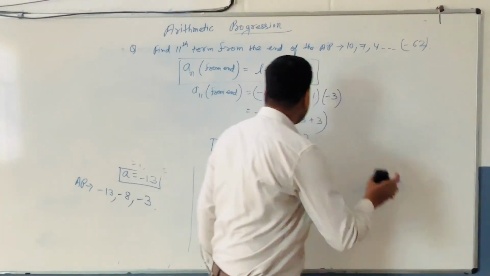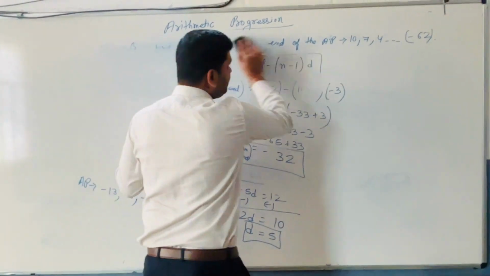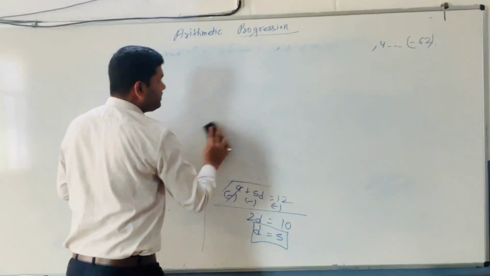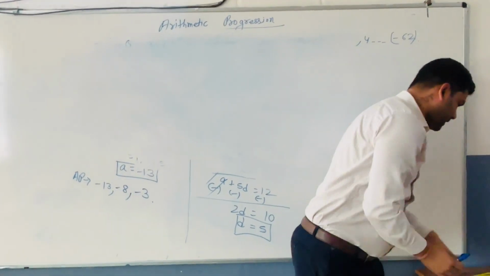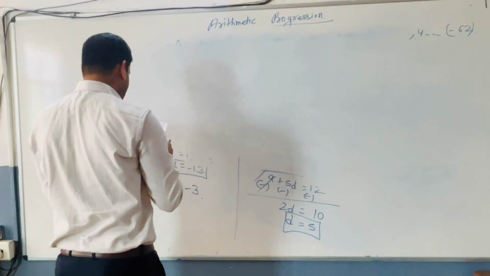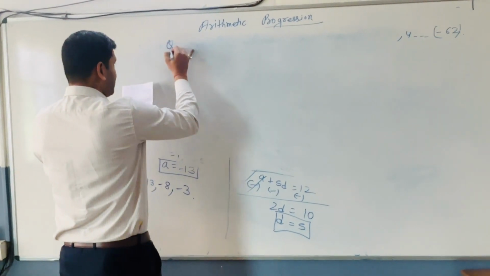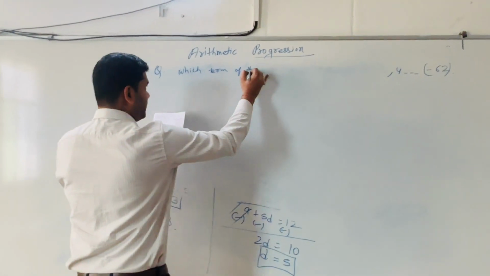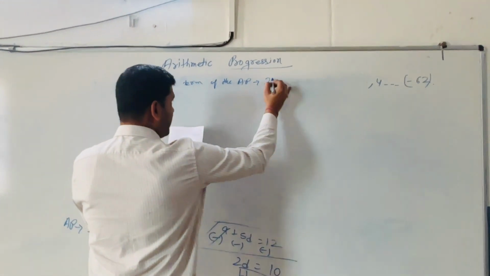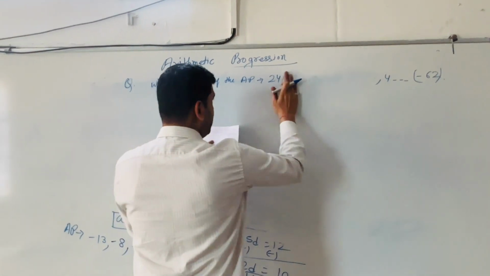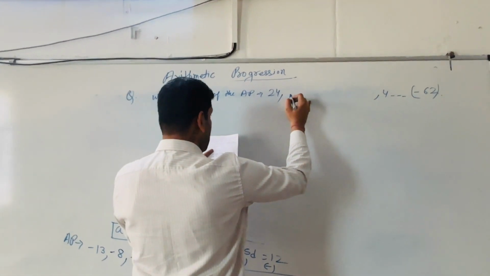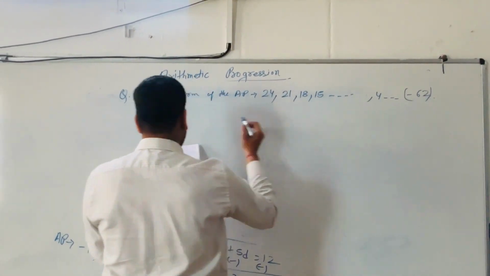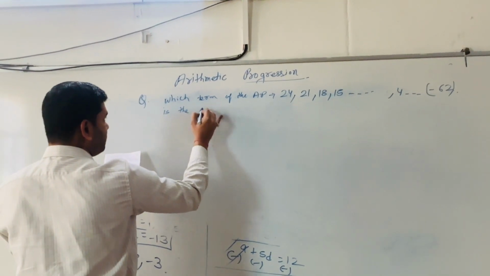Now the last question is about finding the first negative term of the AP. This is a very important question according to your CBSE pattern, so this question also I am making to find the nth term. The question is: which term of the AP 24, 21, 18, 15, and so on is the first negative term?